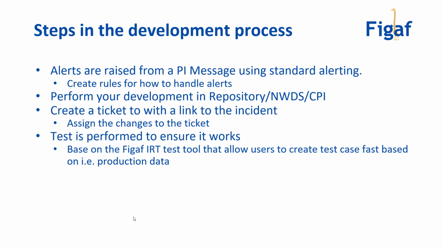So the different steps that we are supporting in this process: first, an alert is created from some kind of PI alert or an adapter alert that fails. We're using the component-based message alerting, and you can set up some rules that handle these things. Then obviously you want to do some changes, an update in a message mapping, the communication channel, or an iFlow in CPI, Cloud Platform Integration.